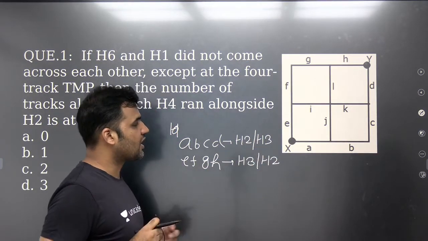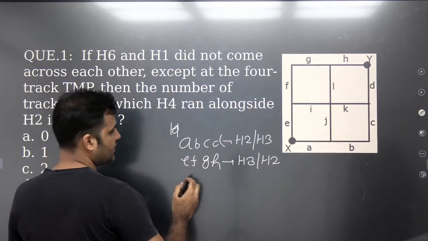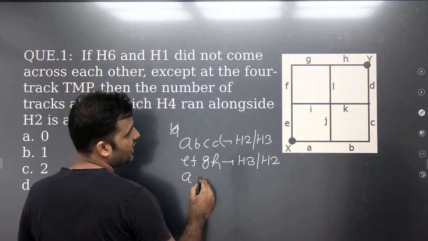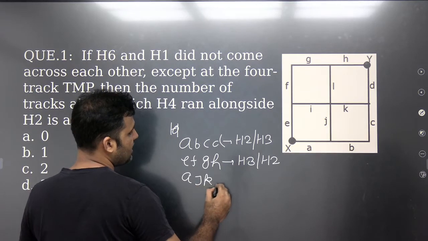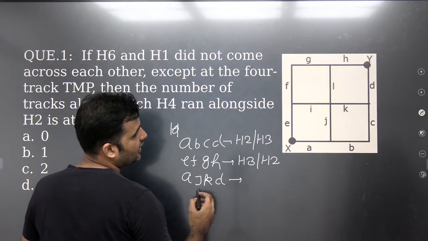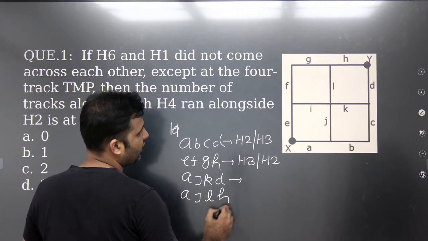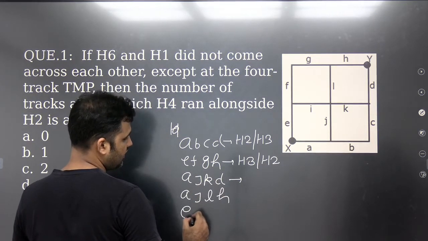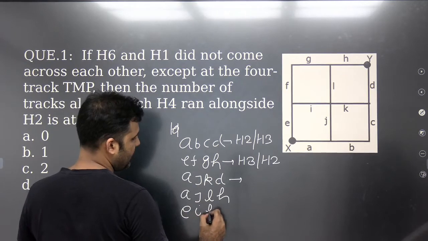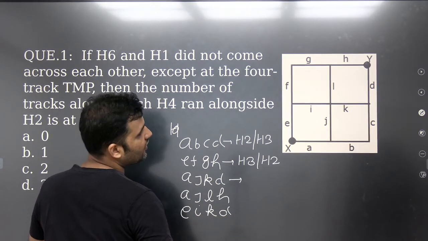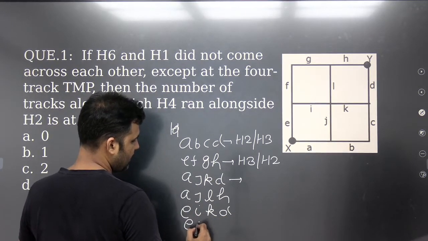Okay. So what are the remaining tracks for the hamsters? It is AJKD. This is one possible. And then you have AJLH. Then you have EIKD. And then you have EILH.